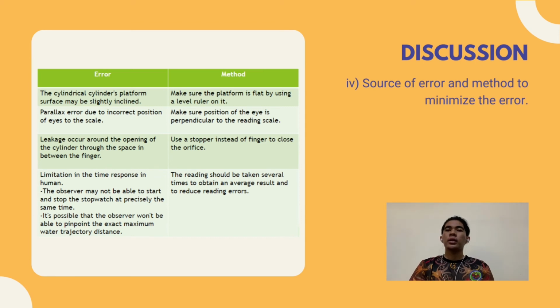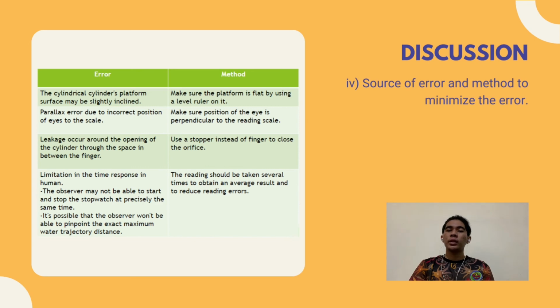And then parallax error, due to incorrect position of the eye relative to the scale. So make sure the position of the eye is perpendicular to the reading of the scale. Other than that, leakage occurs around the opening of the cylinder through the space in between the finger. So use a stopper instead of the finger to close the orifice to minimize this error.